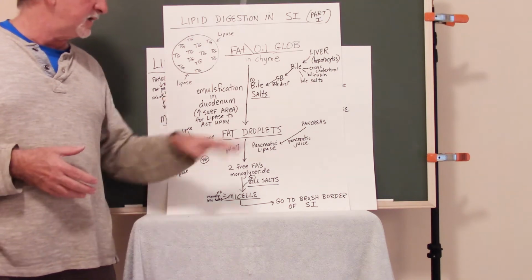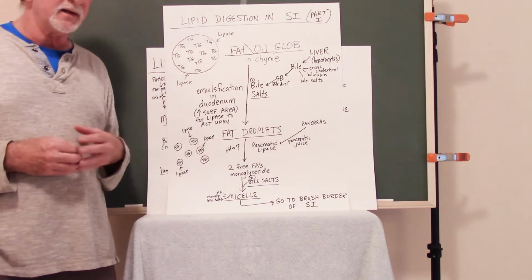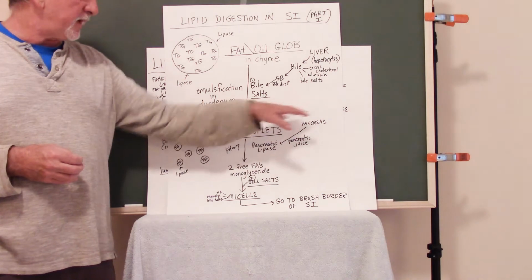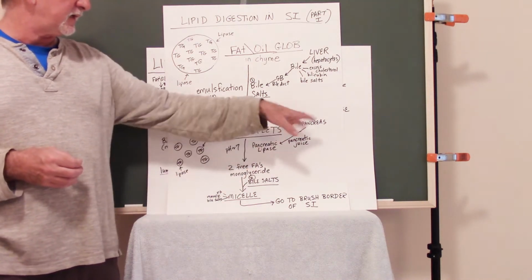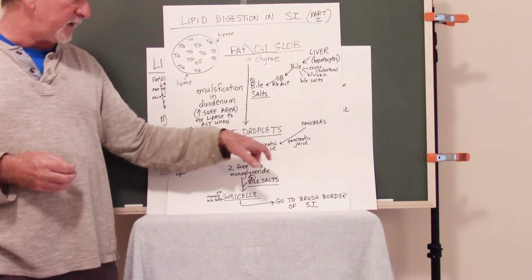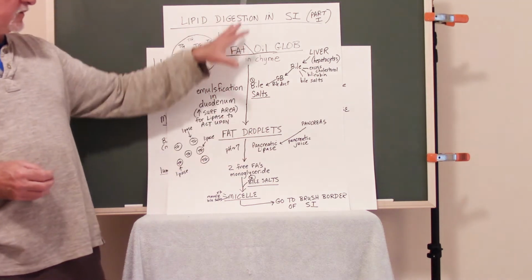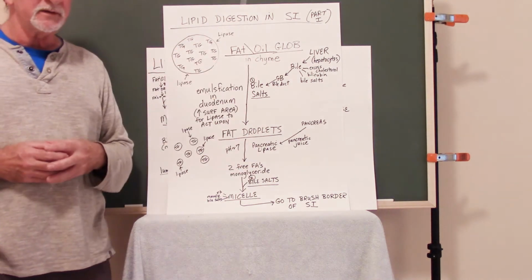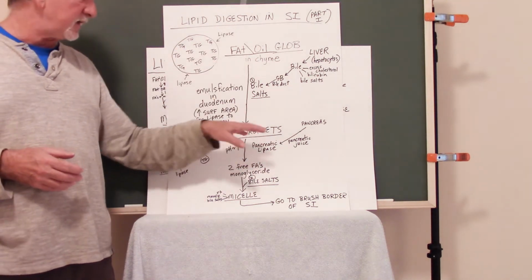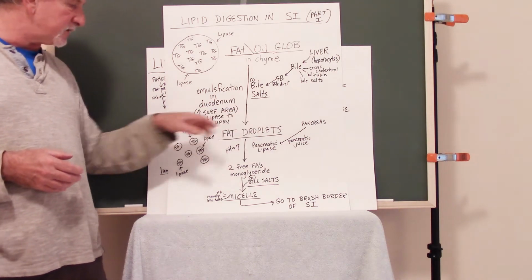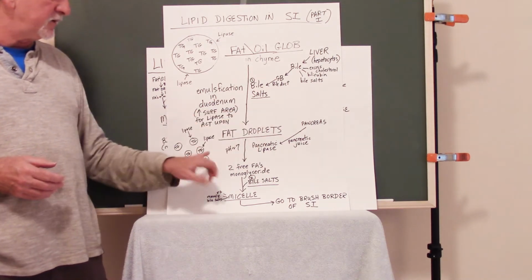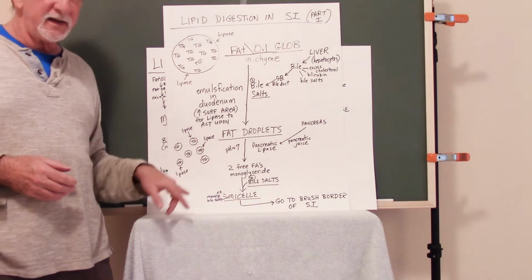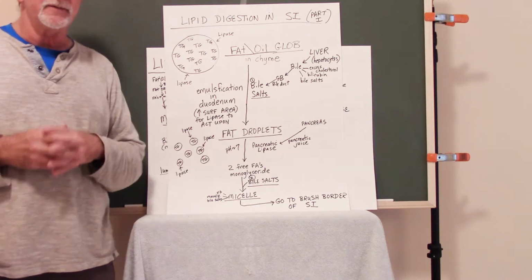And we also have got a lipase called pancreatic lipase. So the pancreatic juice carries pancreatic lipase from the pancreas to the lumen of the small intestine. And that's where pancreatic lipase breaks down the triglycerides in fat droplets to 2 free fatty acids and a monoglyceride.